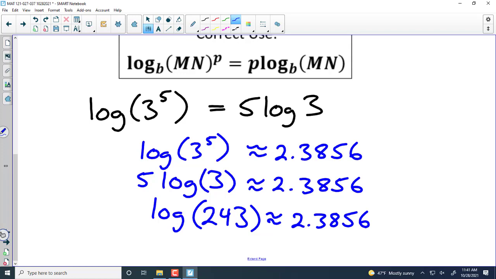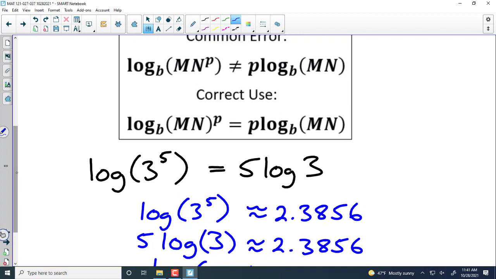This is the power rule, everyone. We can bring the power down in front. The power can only come down in front if the power is on everything. That's why I put this right here, everyone. This is a very common error people make. You see how that power there is just on the n, not on the m? It cannot go down in front. An example of that would be this, everyone.